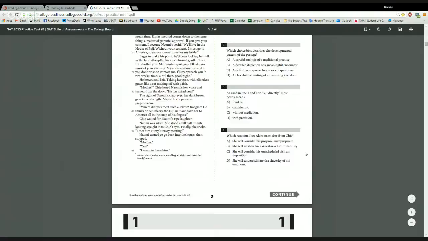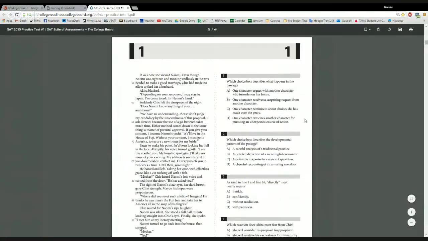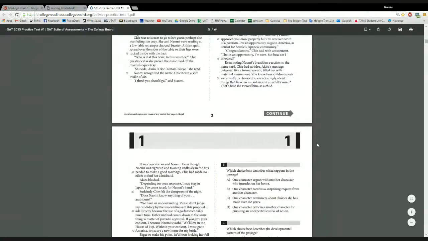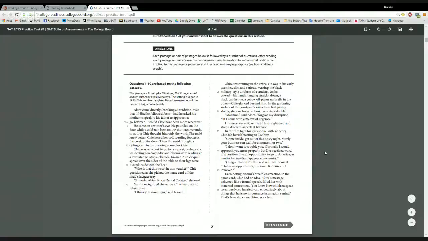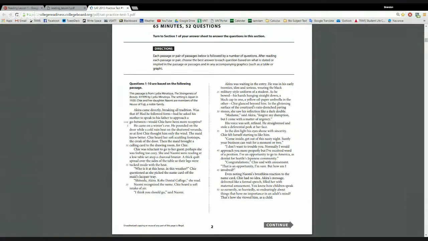Then we go back to main idea questions. But first, you want to read the passage as a whole now to understand the basic idea of the passage. So I'm just going to leave the screen here for a bit, or you can just pause it to read the passage quickly.